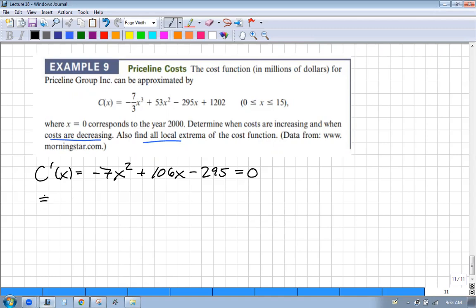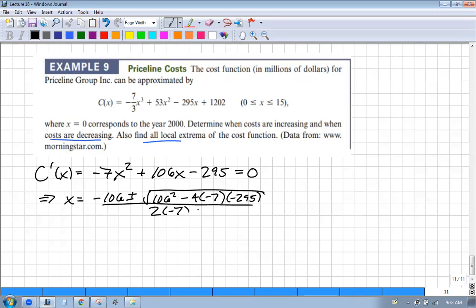So x is negative b plus or minus the square root b squared minus 4ac, all over 2a. I'll remember the quadratic formula, right? Yes.